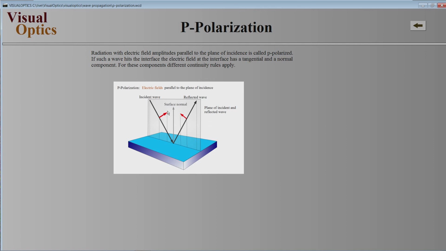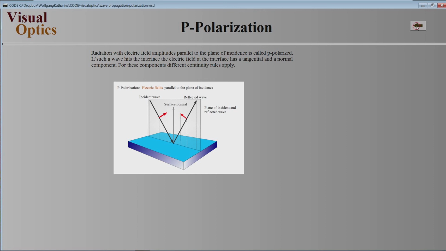So it lies within this plane. So when the wave arrives here at the interface, the amount of reflected light and transmitted light is different compared to the case of S polarization, because there are two different conditions for basically the continuity of the electric fields, perpendicular and in the plane of incidence.